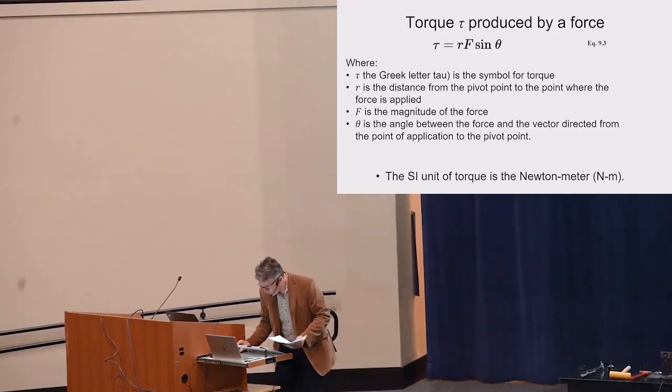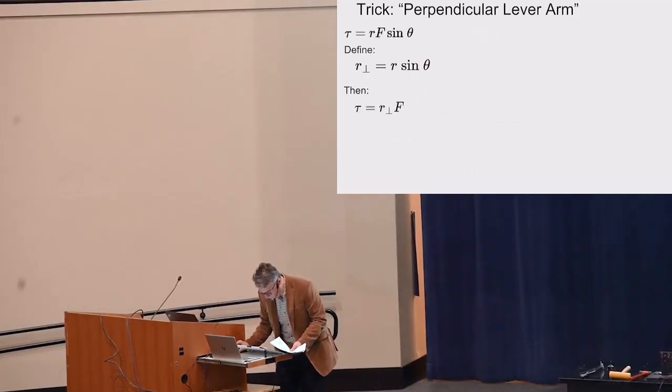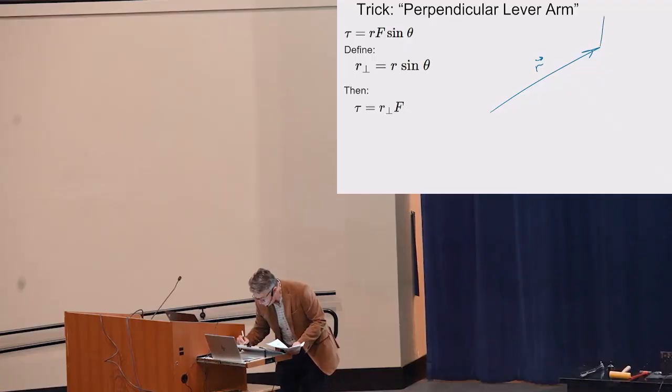And then another really good thing the book does is it talks about something called the perpendicular lever arm. So if you have, for example, some vector r, and you've got maybe some force F, and this is the pivot, then what you can do is draw a dashed line through the force, which is called the force line.